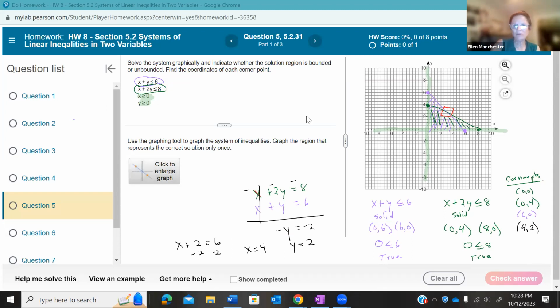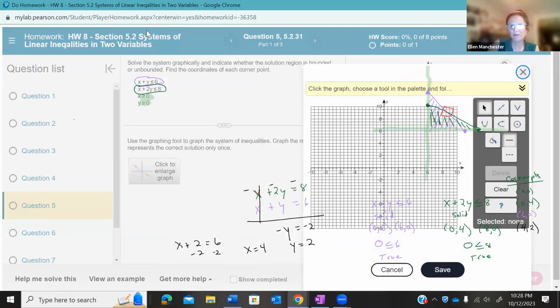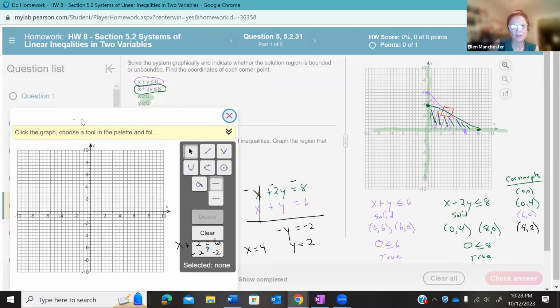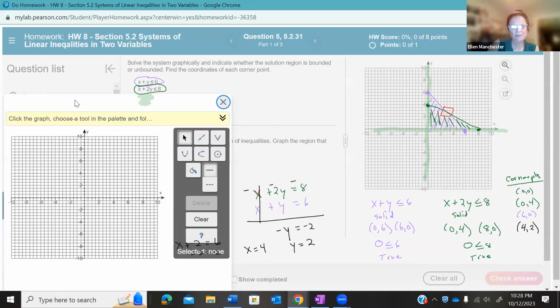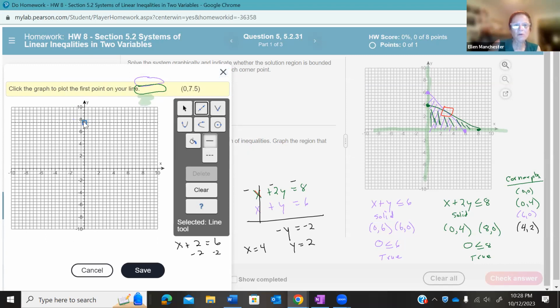Now I come over to my MyMathLab. I click to enlarge, and I'm going to move this so that you can see how I'm going to do this. Okay, that's probably good enough because I have all the information over here. All right, so first things first, solid line, pick up the tool, place a point at x is greater than or equal to 0.